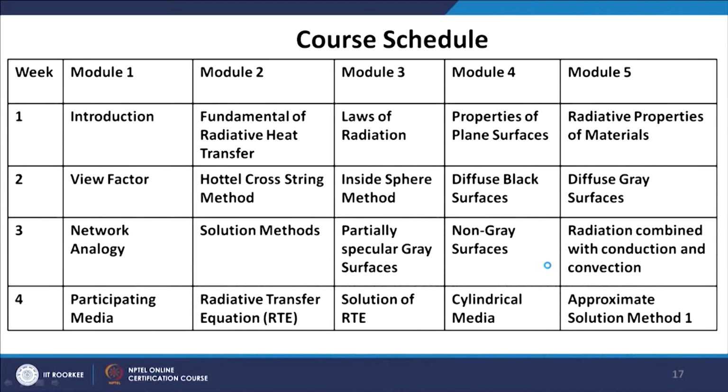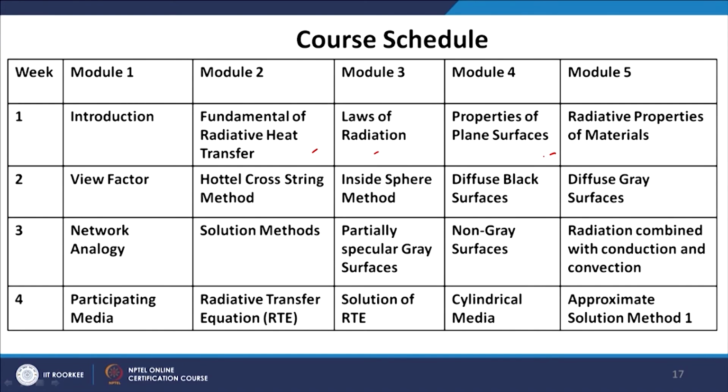So the schedule of this course will be like this. We will discuss first the surface properties, and heat transfer from plane surfaces, flat surfaces. After discussing the fundamental laws of radiation, we will go to the plane surfaces. We will discuss the traditional view factor approach.